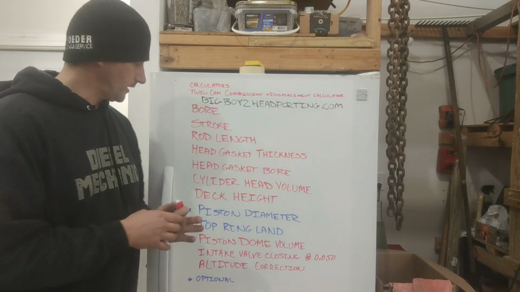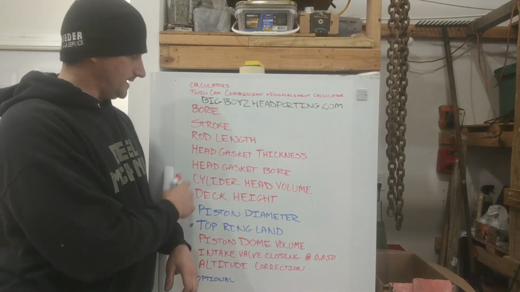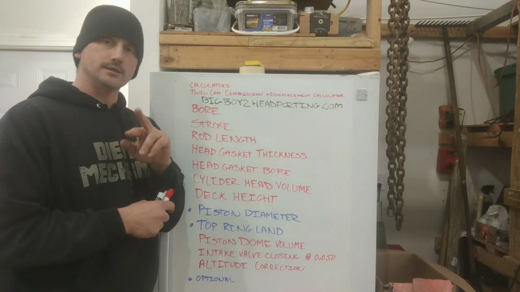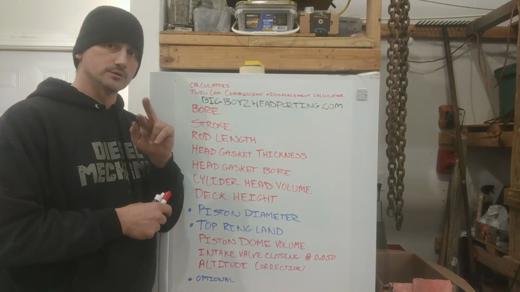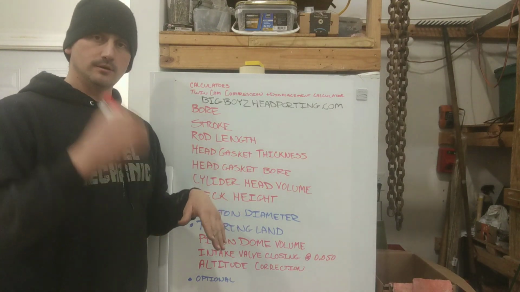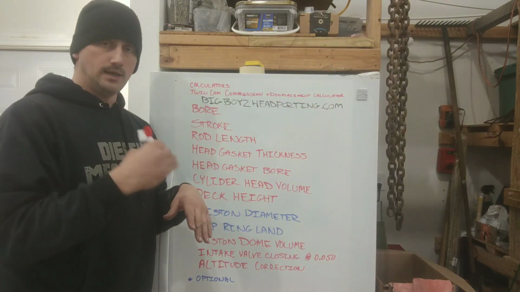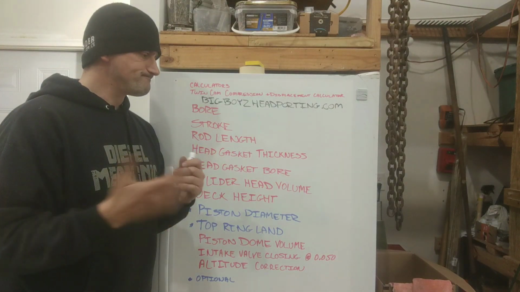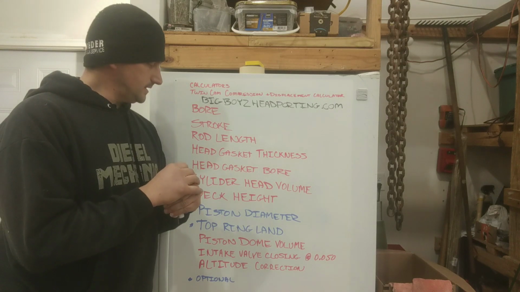Oh, one other thing, the deck height, you'll see 2 there. That calculator actually takes the averages of those two numbers. So if you know you have a 0 deck, just fill in the boxes, 0.00, and the other box 0.00. And that's it.